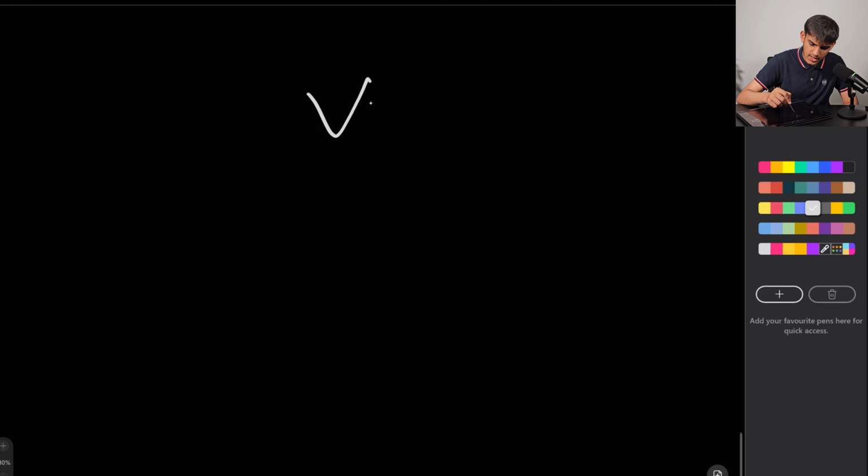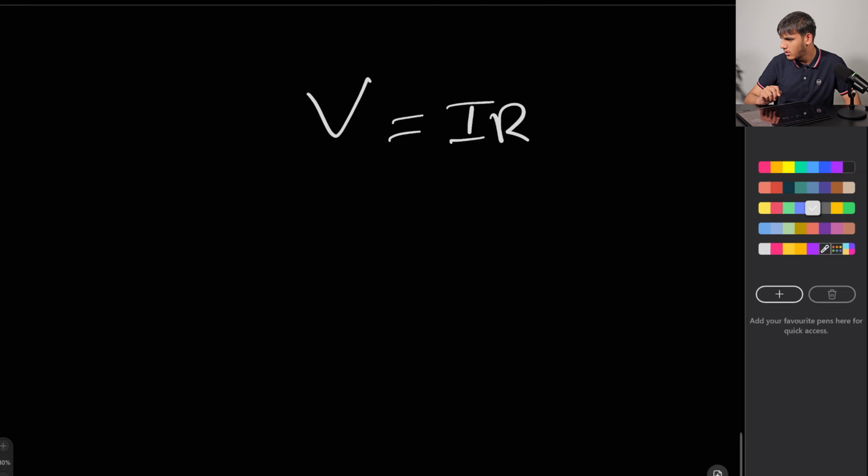Okay, so question 4 tells us that a 12-volt battery is connected to a 3 ohm resistor, and it's asking us to calculate the current in the circuit. So for this, we're going to use the equation V is equal to IR. So we've got V, or the potential difference, which is 12 volts.